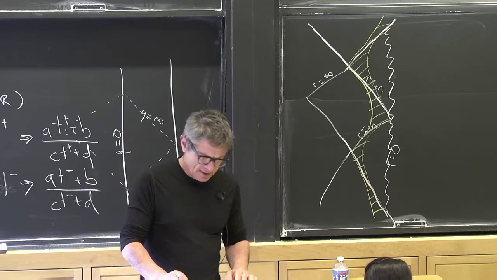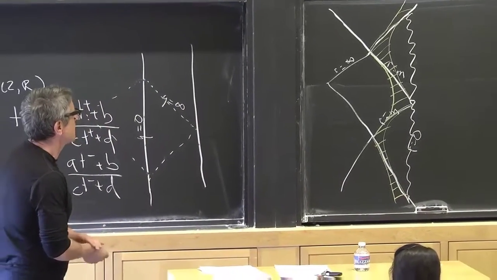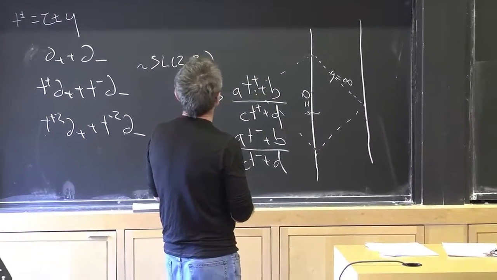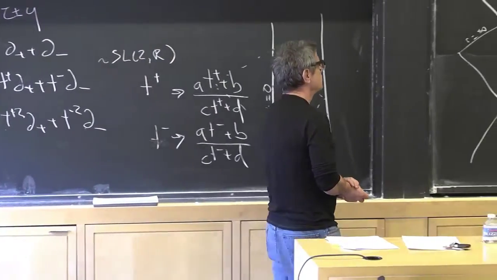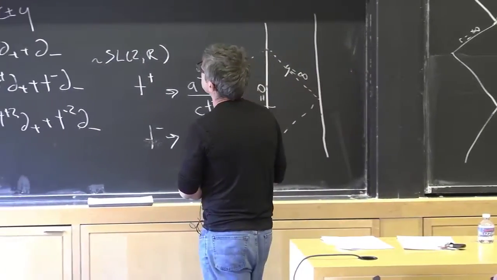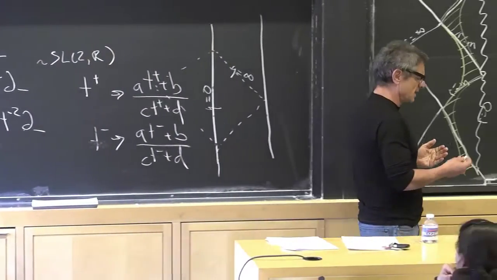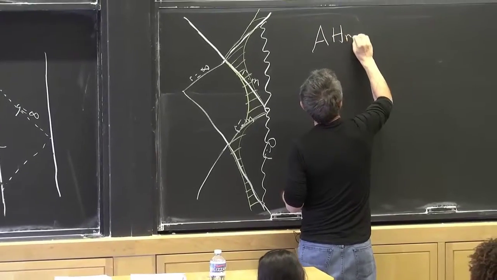OK, great. So another topic which I will probably talk more about later, but I just want to allude to now, is a purely classical phenomenon, the so-called attractor mechanism.